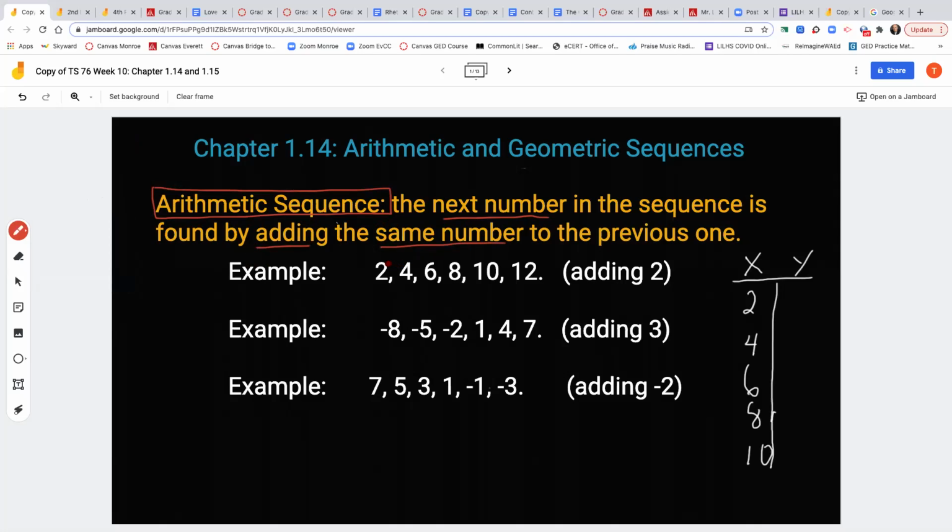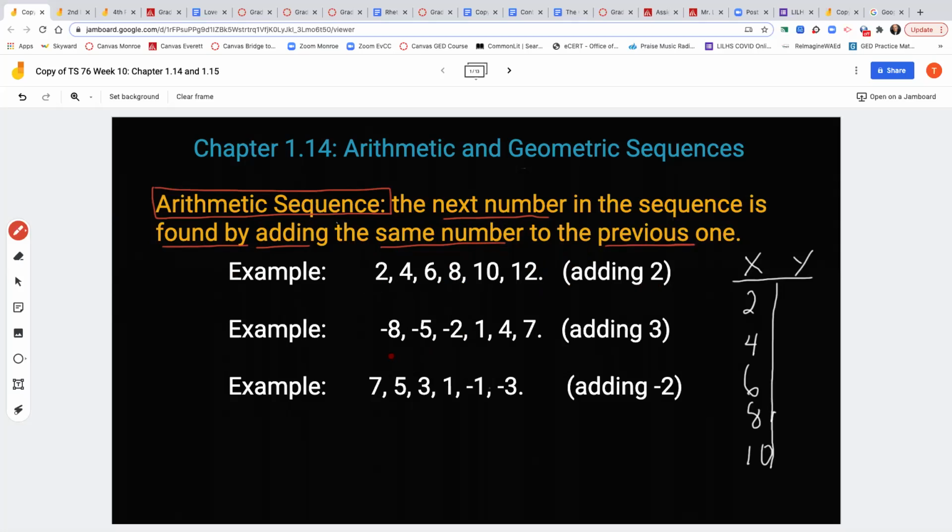So if you were taking abbreviated notes, if you just copy down the words I underlined: in an arithmetic sequence, next number found by adding the same number to the previous one. So these are examples of arithmetic sequences. You have 2, 4, 6, 8, 10, 12. We're adding 2 each time.